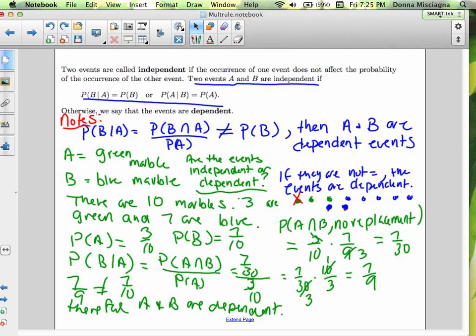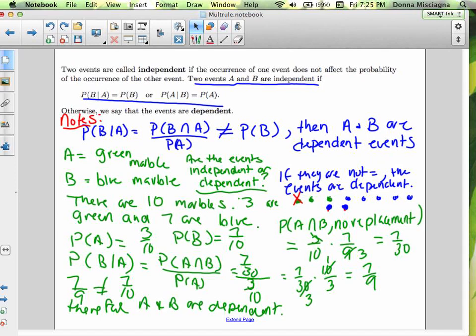The probability of B given A was 7/9. That's the probability that I would get the blue marble given that I got the green marble on the first pick and did not replace. The actual probability of B, which I need for this part, was 7/10. Notice 7/9 does not equal 7/10.